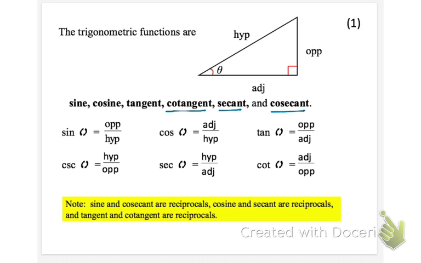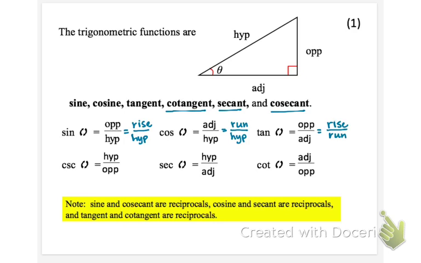So sine we see as the opposite side over hypotenuse. In other words, it is our rise over the hypotenuse. Cosine is our adjacent side, or our run over the hypotenuse. Tangent is opposite over adjacent. In other words, our rise over run.